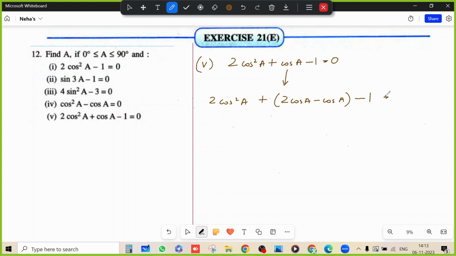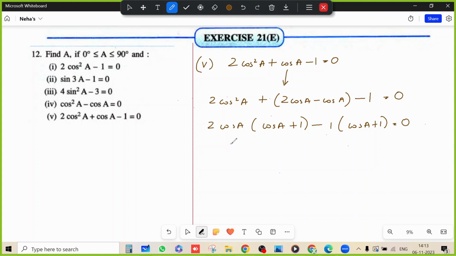This will become equal to 0. Now we will take 2 cos A common from the first two terms. This will become 2 cos A into cos A plus 1, and minus 1 will be taken out common from the last two terms. This will become cos A plus 1 is equal to 0.